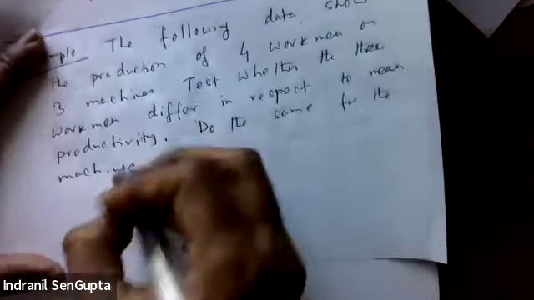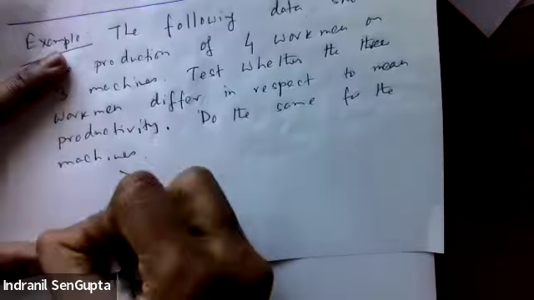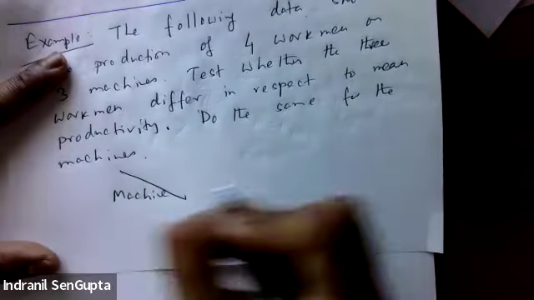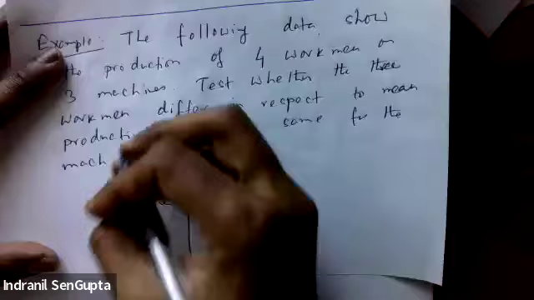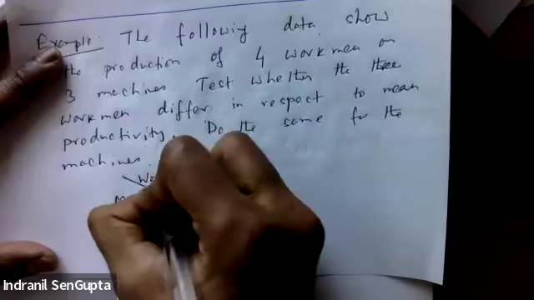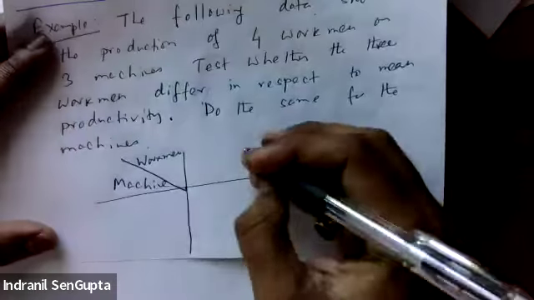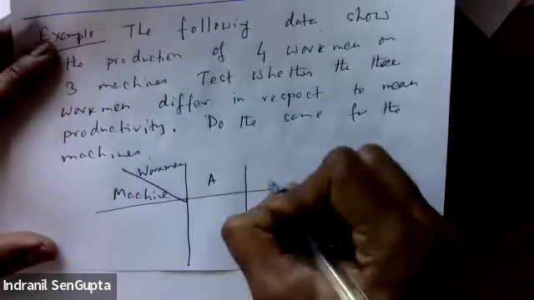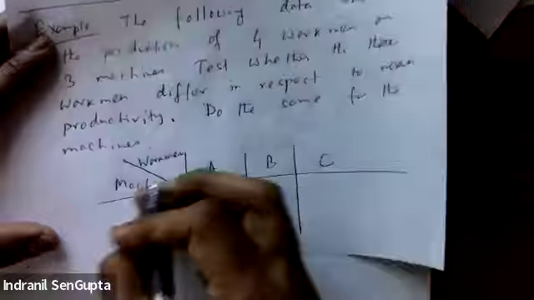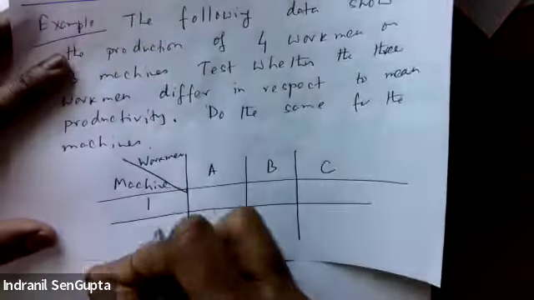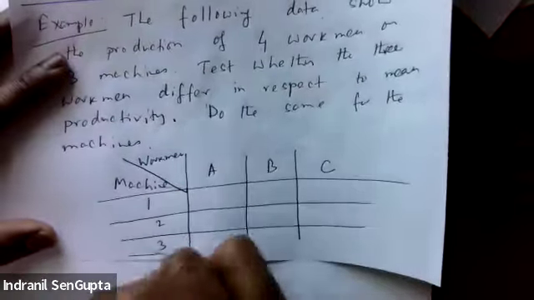Here is the data. Here is the machine, and here is the workman, the person running the machine, A, B, C. And here's machine number 1, machine number 2, machine number 3.